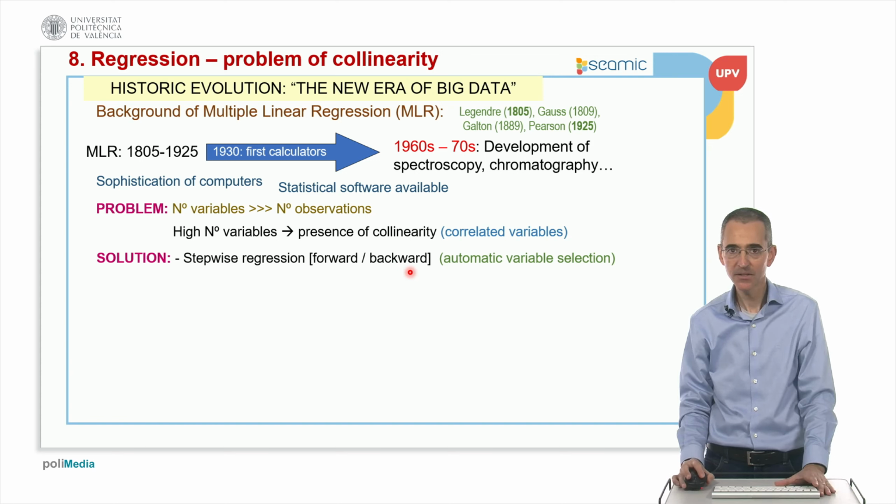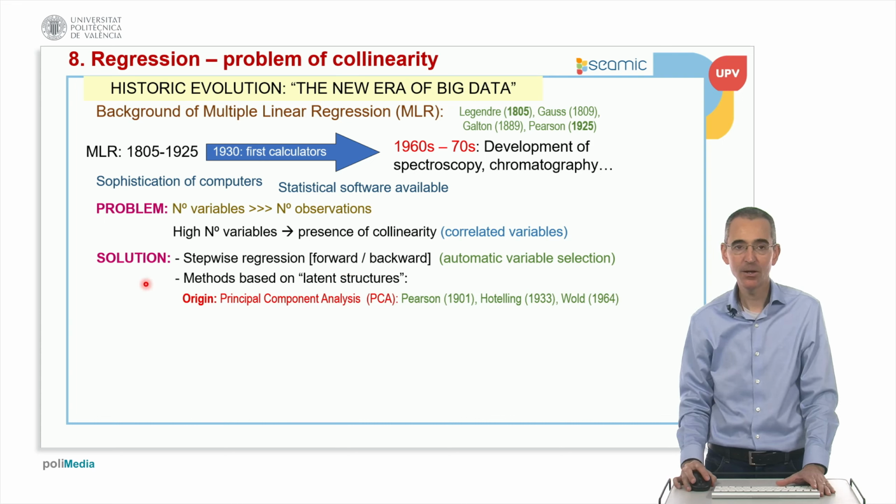This is an automatic method of variable selection that can be very useful if the number of variables is not very high. If using stepwise regression forward and backward we reach the same solution with both methods, it provides consistency and we can rely on this variable selection.